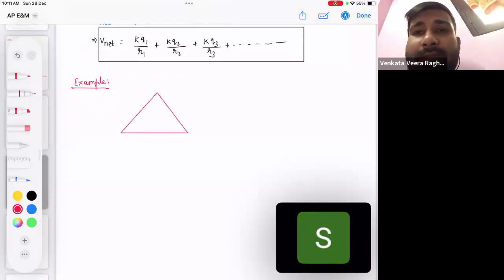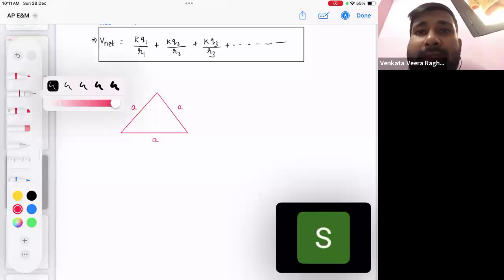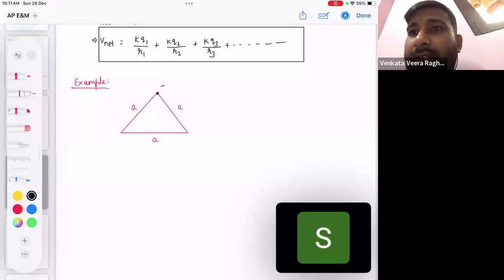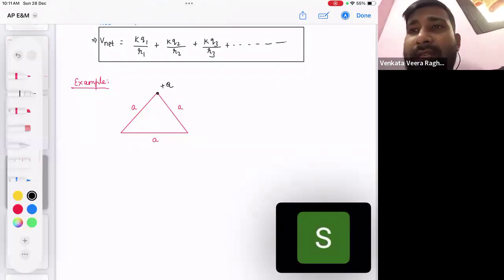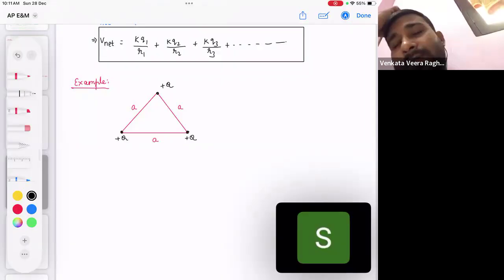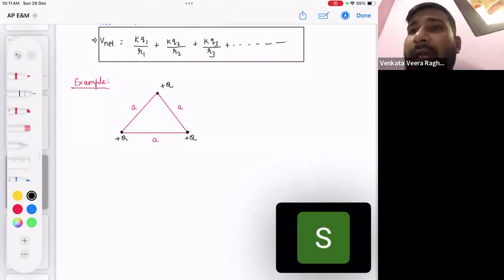The side of the equilateral triangle is, let's say, A, and at the three vertices, three plus Q charges are kept. All three corners have equal charge: this is plus Q, this is plus Q, and this is also plus Q. Now this is the centroid.